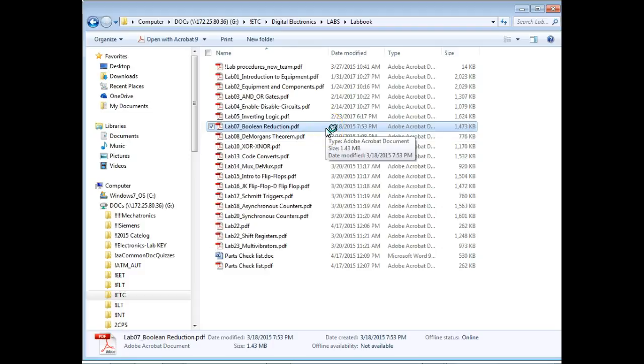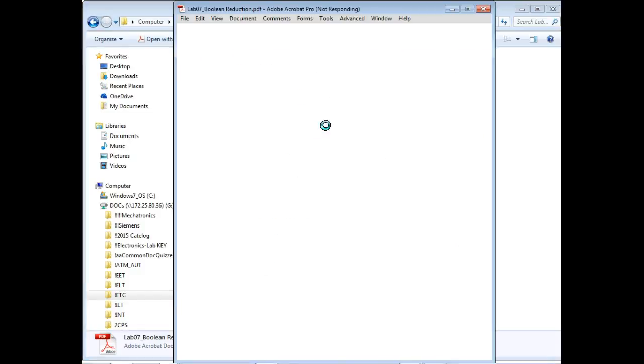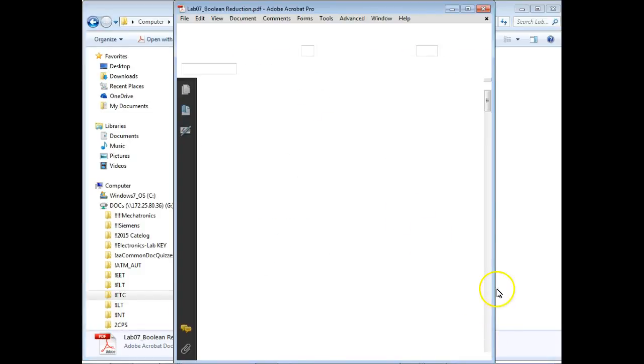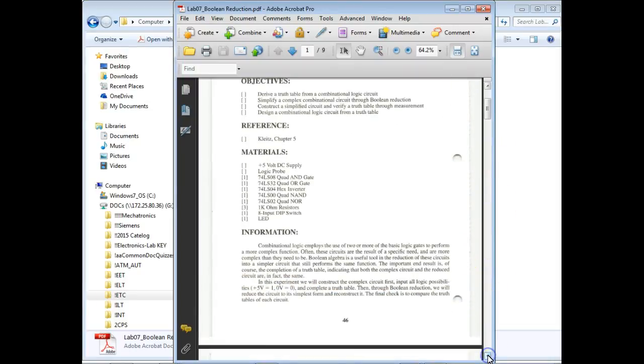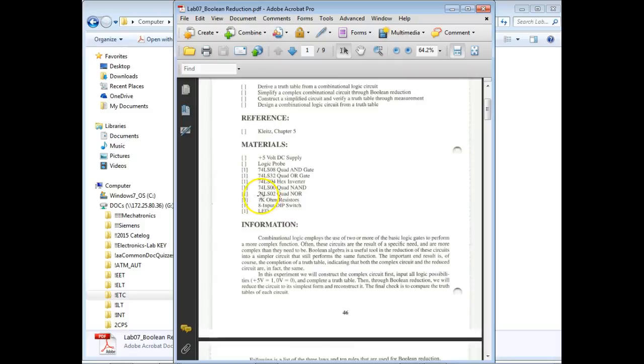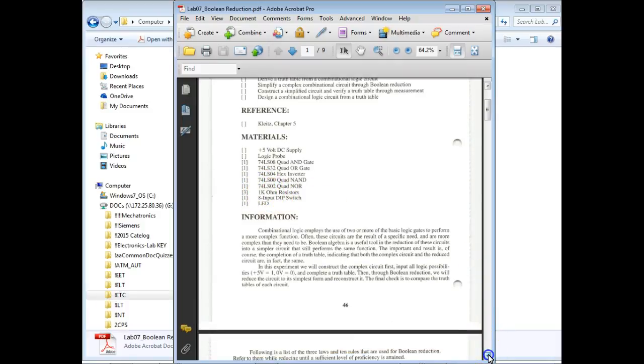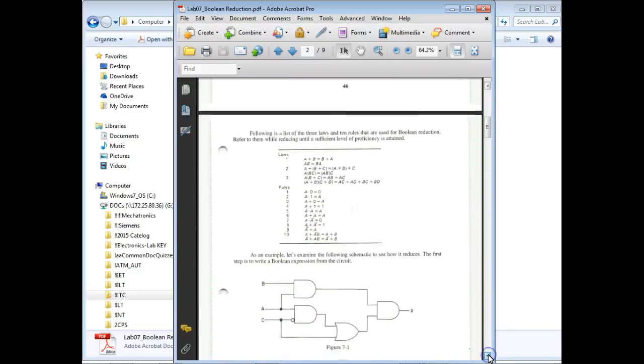I haven't had time to wipe this out, but you're not going to need any of the resistors or the LEDs or anything, because that's inside the trainer, right? I'll try to get that done.